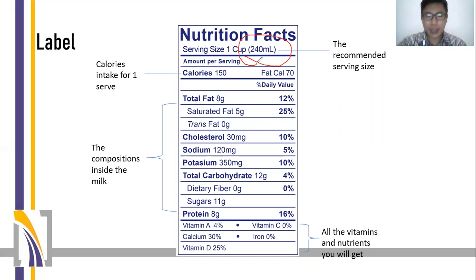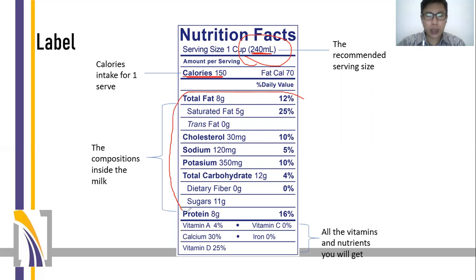Sometimes the box is probably for 1 liter, but the serving size is for 240 milliliters. So you only need to take this much for one time. What is the meaning of that? For every 240 milliliters, there will be 150 calories.